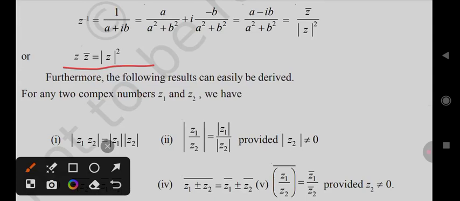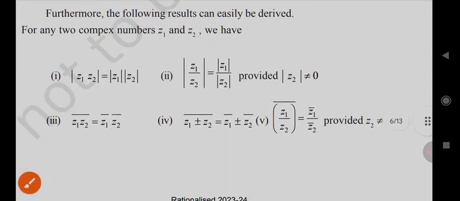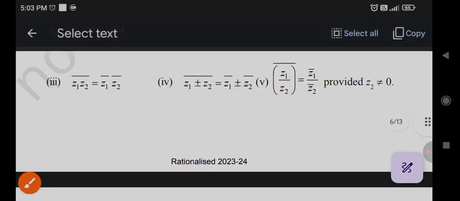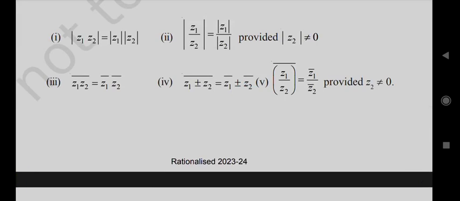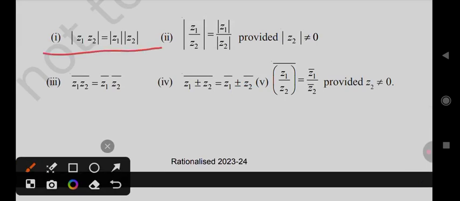Furthermore, the following results can easily be derived for any two complex numbers z1 and z2. We have |z1 z2| = |z1| |z2|, and |z1 by z2| = |z1| by |z2|, provided |z2| is not equal to 0.